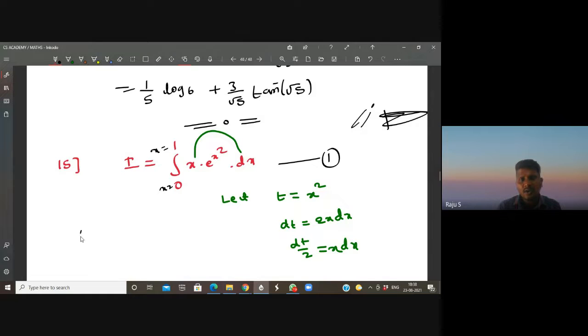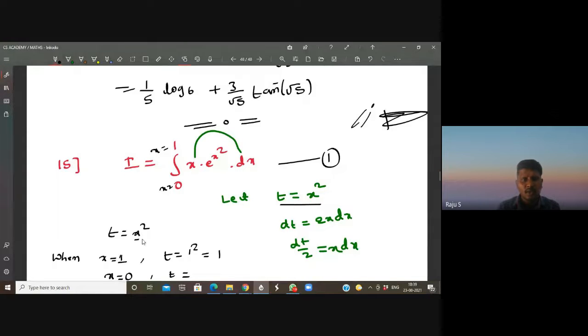Already I have taken substitution, t is equal to x square. When I take x is equal to 1, which implies what is t value? Substitute x value in place of x, 1 square, that is 1. When x is equal to 0, lower limit, what is t value?